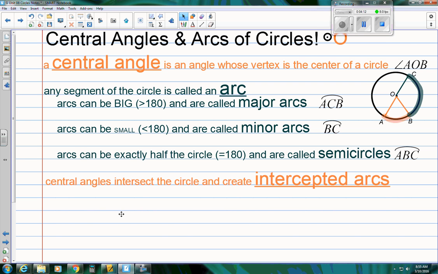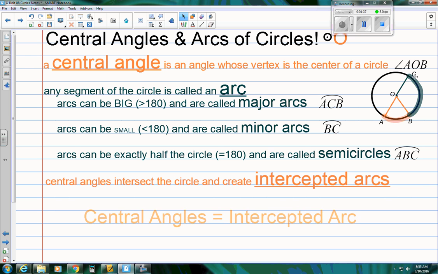The takeaway, the one piece of information you need to know about this relationship is that central angles and their intercepted arcs are always equal. So if this central angle is 60, then arc AB has to be 60. So we're going to use that to solve problems involving pieces of our circle.